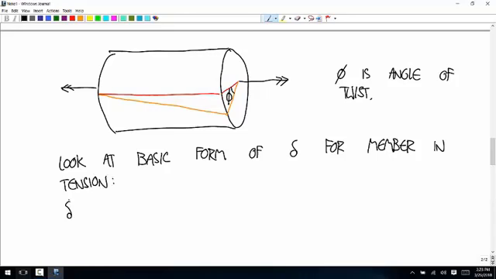If we're just looking at the constant internal tension form, delta is equal to T times L over E times A.